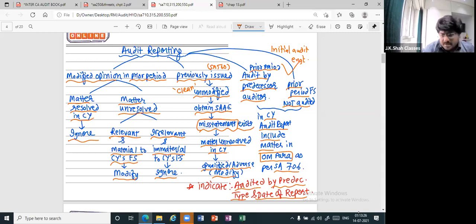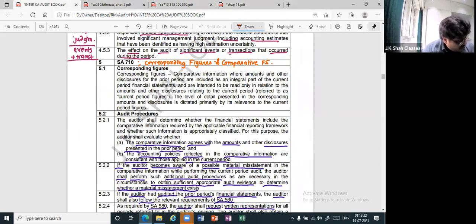You're done with this part? Okay, come to the textbook. See, if you have a look now, we only have corresponding figures, which is applicable. Comparative financial statements are not applicable to us. Now, what are corresponding figures?